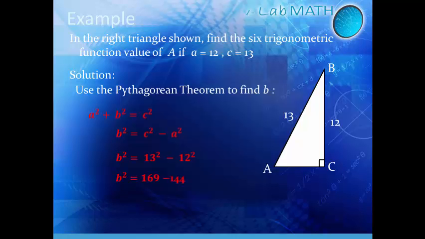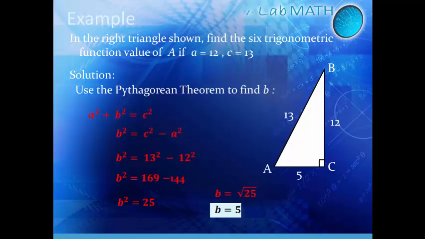And b square equals 169 less 144. B square equals 25. B equals square root of 25. And there you go, b equals 5.